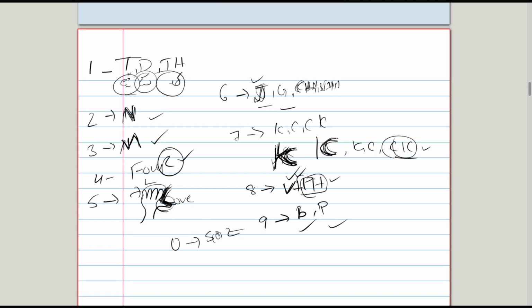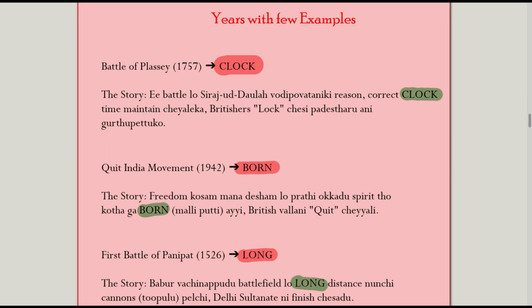So let's go one by one, starting from years. I have some few examples already given. Starting with Battle of Plassey, 1757. The keyword is clock. You hear the storyline. In this battle, Siraj ud-Daulah has lost. It is in Telugu, but I'm translating for your sake. Siraj ud-Daulah lost because he was unable to maintain clock time.